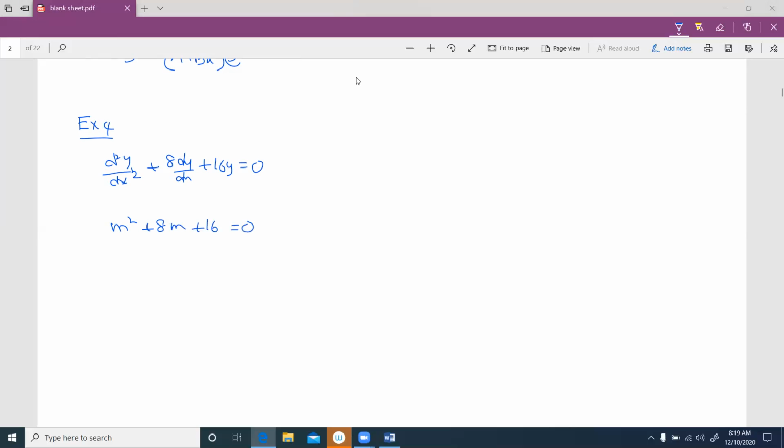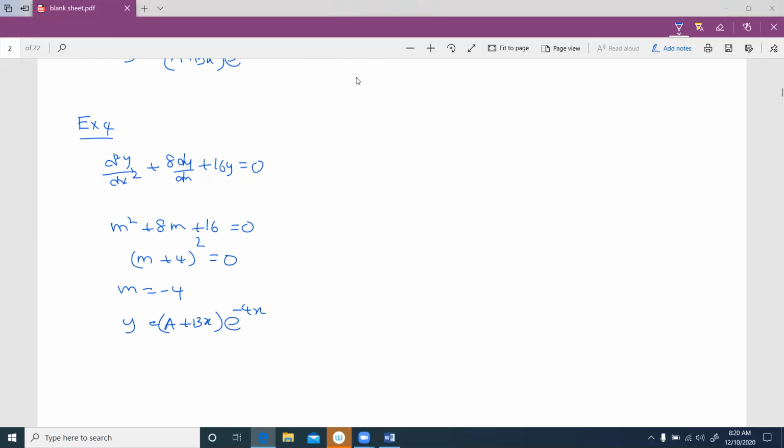This turns into (m plus 4) whole squared equals 0, so m equals minus 4. With that, you can write the answer. This is just one solution, so y equals (a plus bx) times e to the power minus 4x is the answer for that.